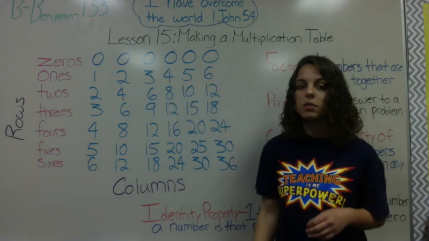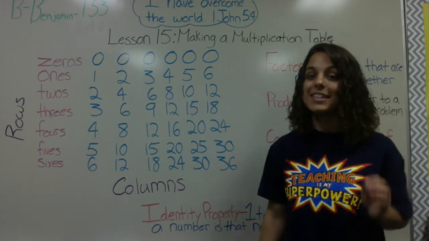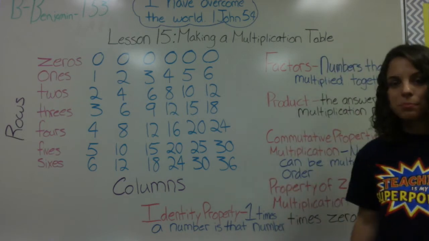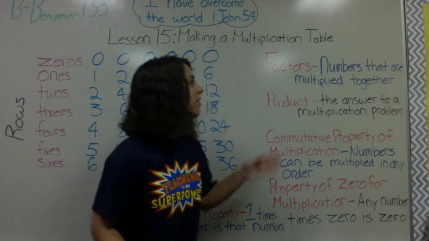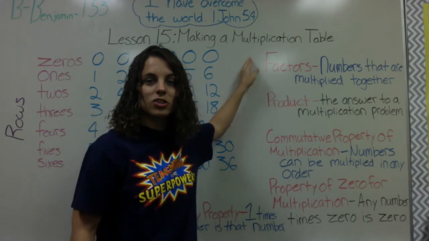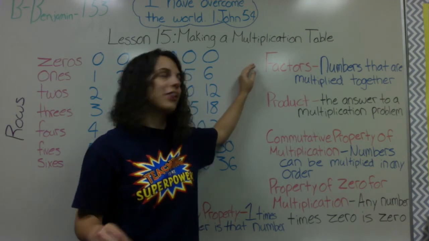All right, so we're also going to be looking at multiplication vocabulary. These are very important to know and remember. They're also pretty simple. Factors is our first terminology, and I do want you to write this down. Factors are any numbers that are being multiplied together.